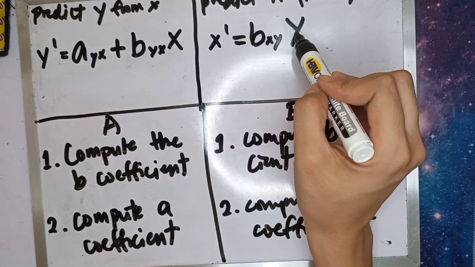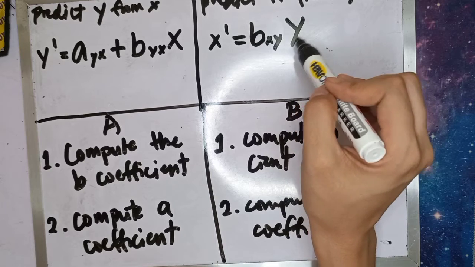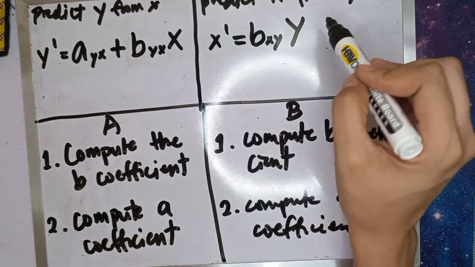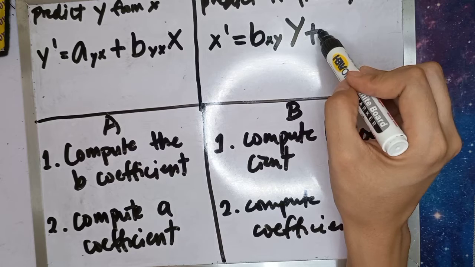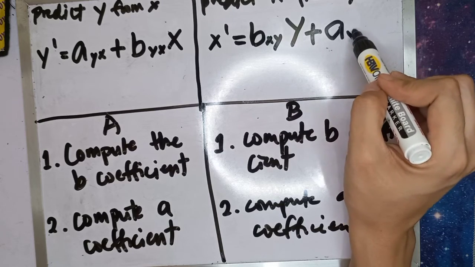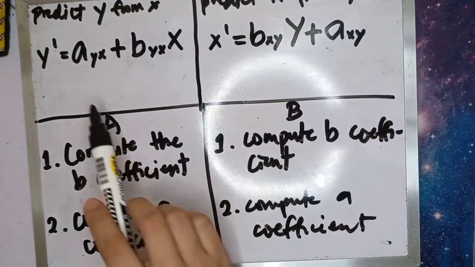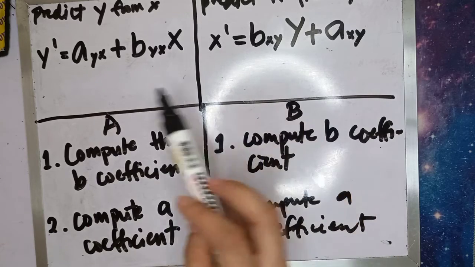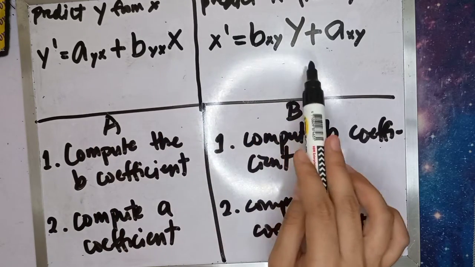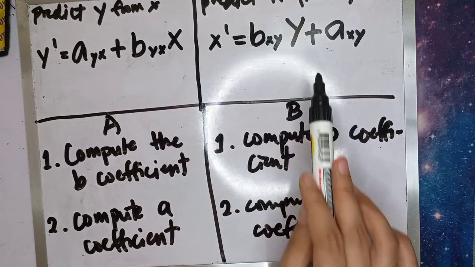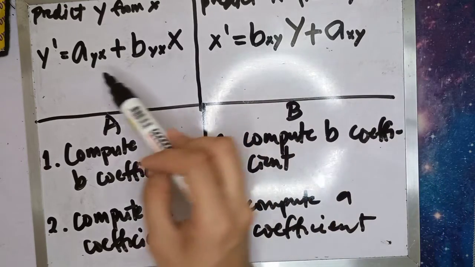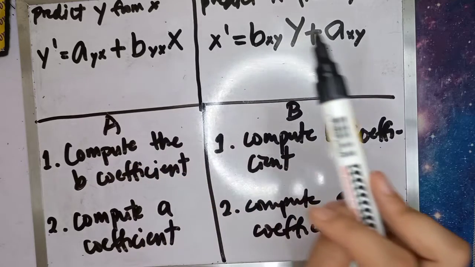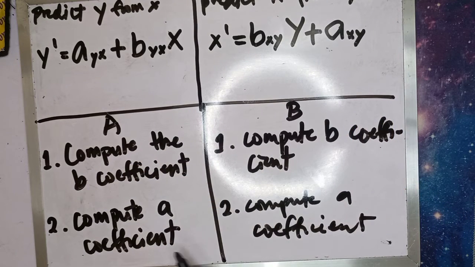Then, the raw score of the motivation or the y variable plus the a coefficient. Okay. So, ito ang formula na gagamitin natin sa dulo mamaya. Pero, we need to compute first the a coefficient and the b coefficient. Okay. Same na ko-compute natin, but magkaiba ang kanilang magiging formula.